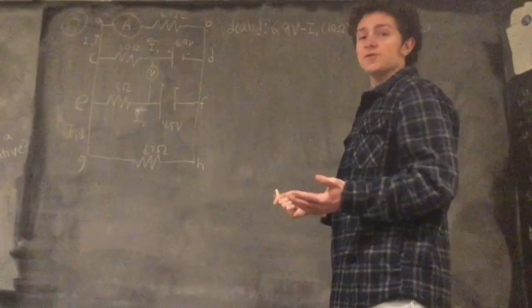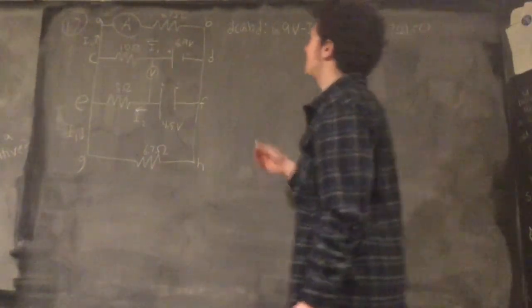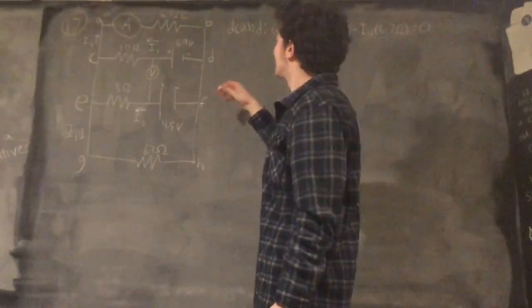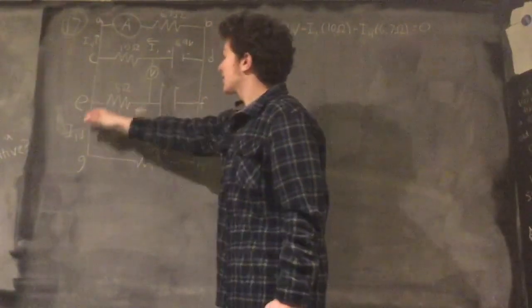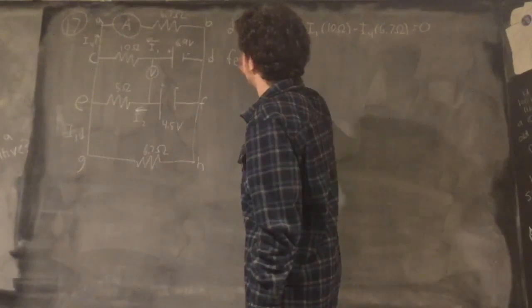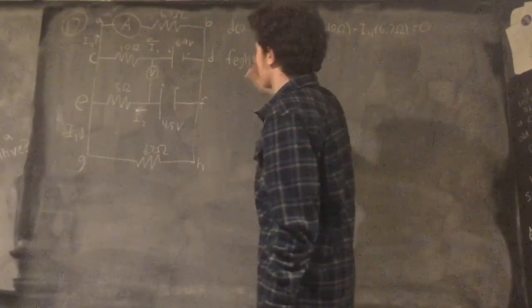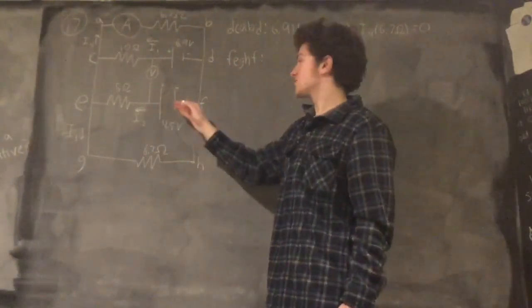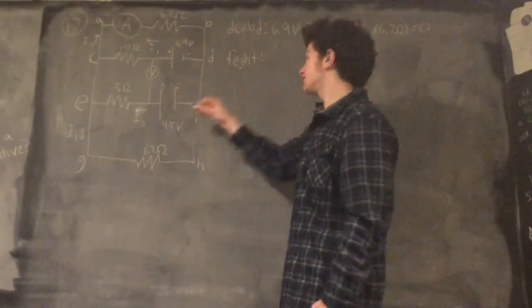Alright, that's one equation down. You just need 2 more to go. Or maybe 3. So this loop down here, F, E, G, H, F. Again, an increase in the potential since we're going from the negative terminal to the positive terminal.